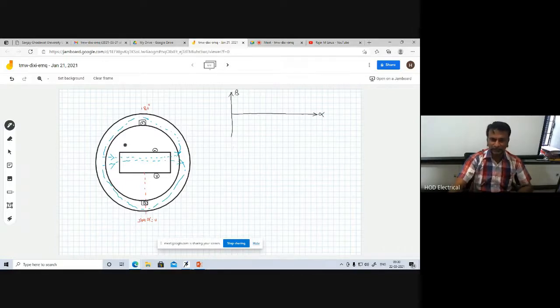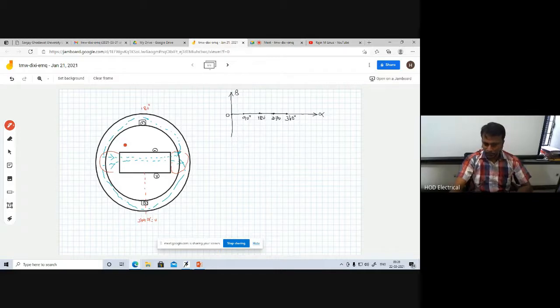Marking 0, 90, 180, 270 and 360, if you draw the waveform, the magnetic flux density will be positively maximum in this region, and negatively maximum in this region.